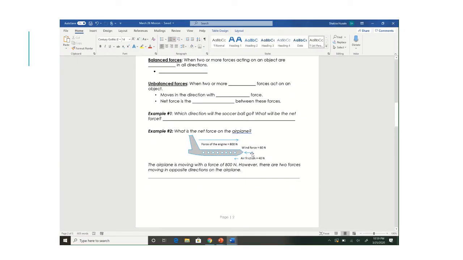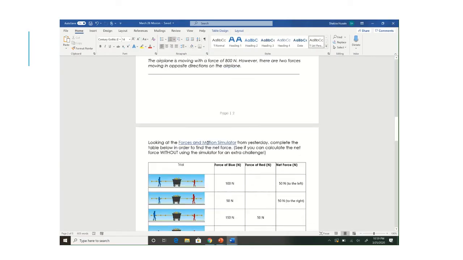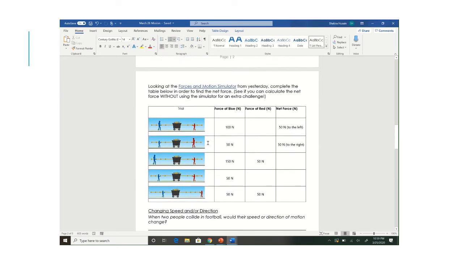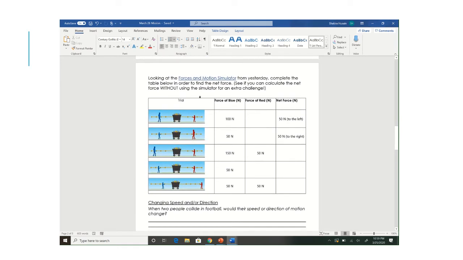All right, so after that second example, now that brings us to page 3. And I want to bring your attention back to that simulator that you may or may not have gotten to yesterday in yesterday's classwork. So looking at this forces simulator from yesterday, complete the table below in order to find the net force for each of these scenarios.